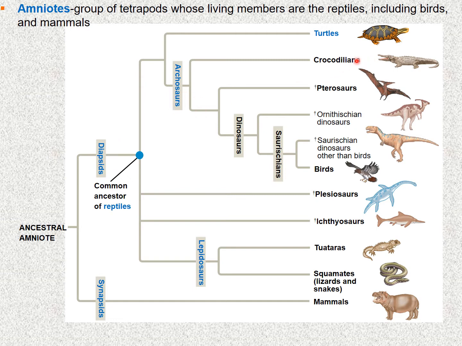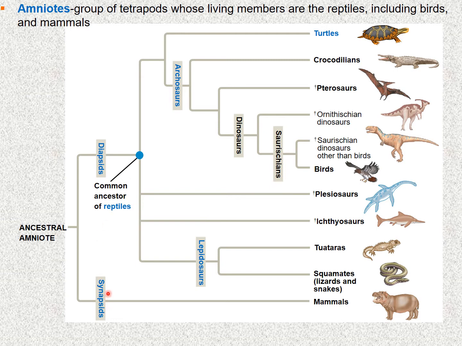The archosaurs include the crocodilians and a lot of extinct dinosaurs, the pterosaurs, and some of the other dinosaurs that are related to birds. So you can see that the turtles do not belong to the group called archosaurs, and they diverged prior to the archosaurs. Ultimately the reptiles diverged into the turtles and the lepidosaurs.